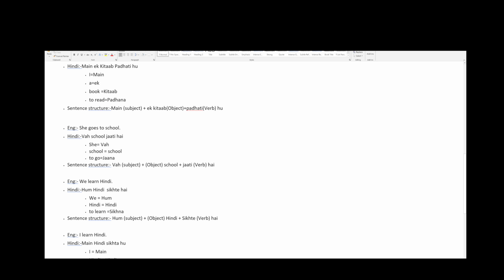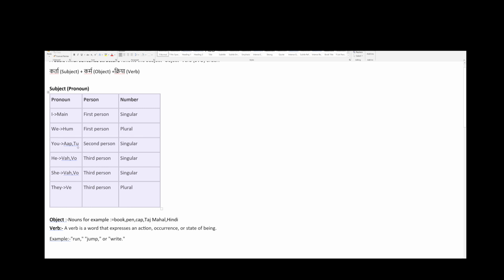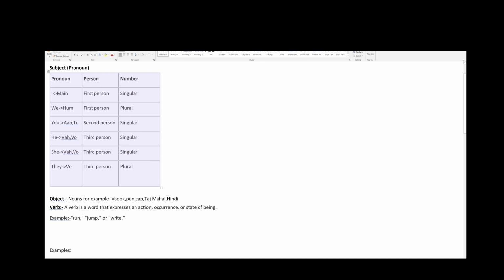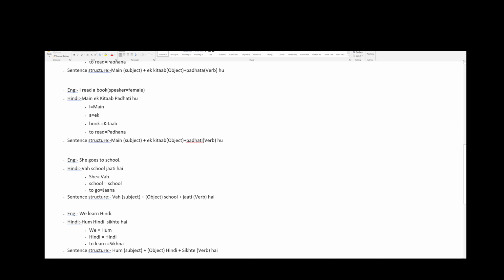My next sentence is she goes to school. वह स्कूल जाती है. Okay, so if you see this table, for she we use वह or वो. वह is formal way and वो is informal way. So if I am using वह, so वह school, school.